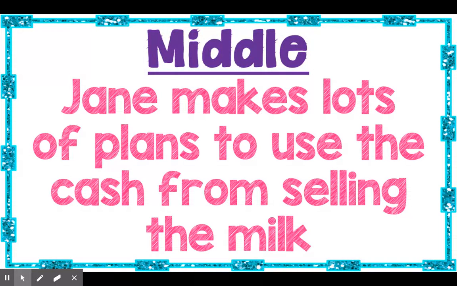So Jane makes lots of plans to use the cash from selling milk. And again, when we do our rewrite in our draft, we're going to add the details. But let's get that down.